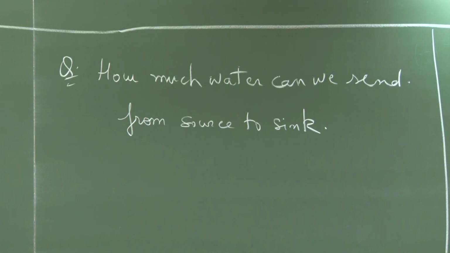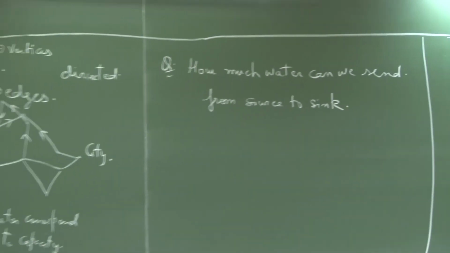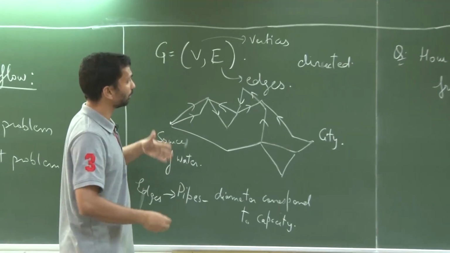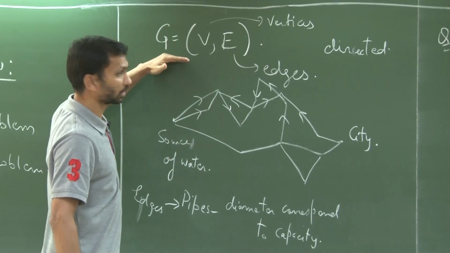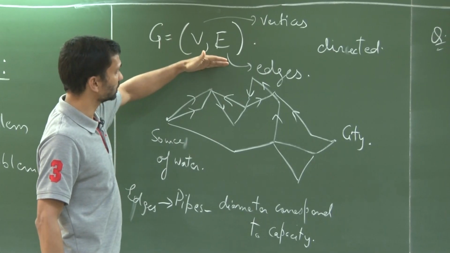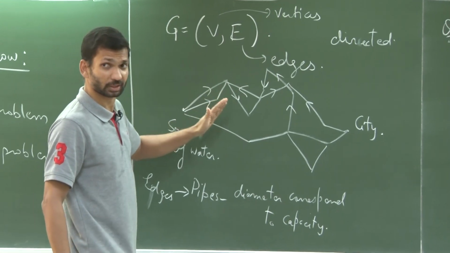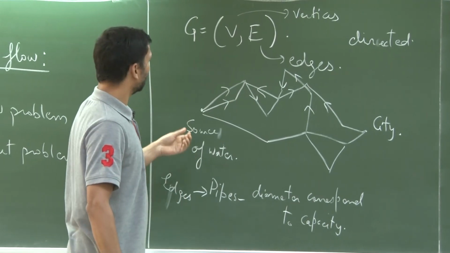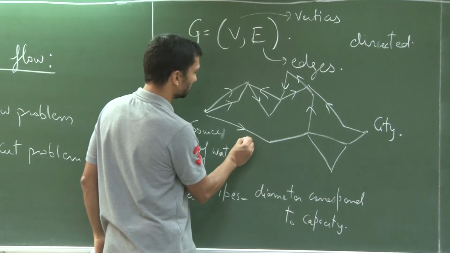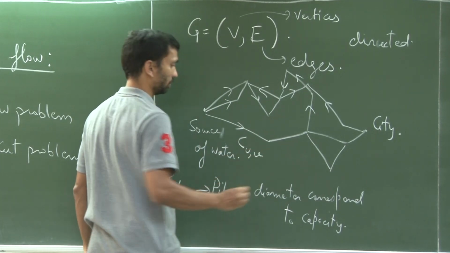Now if you want to abstract it out mathematically, we are given a graph which has vertices and edges. The edges are directed. We are in a directed graph domain, and each edge is given some capacity.